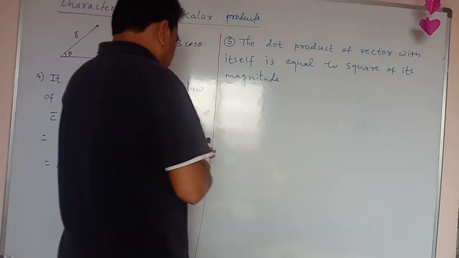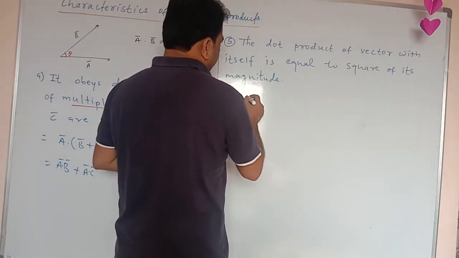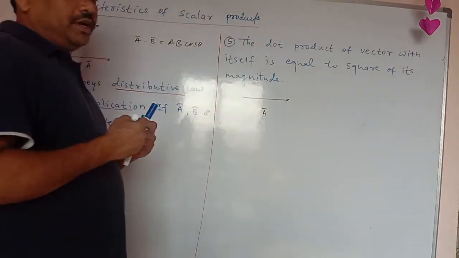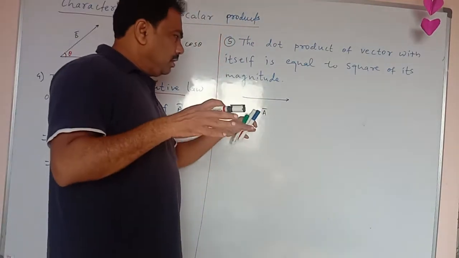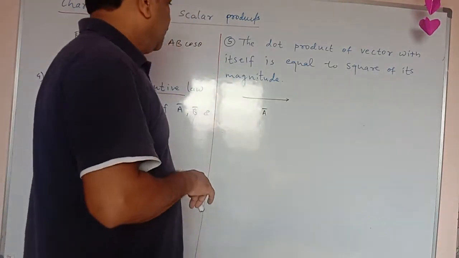Suppose we are taking one vector, say vector A, and we have to take the dot product of this vector with itself.